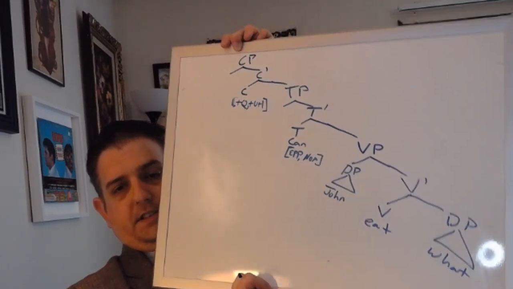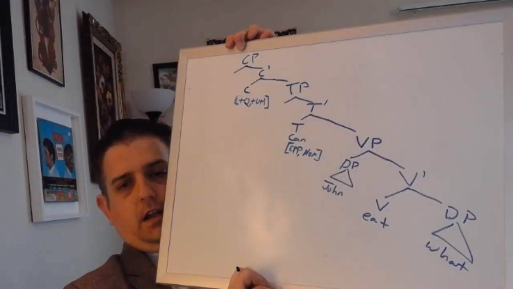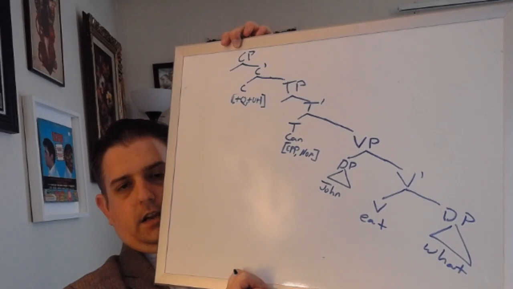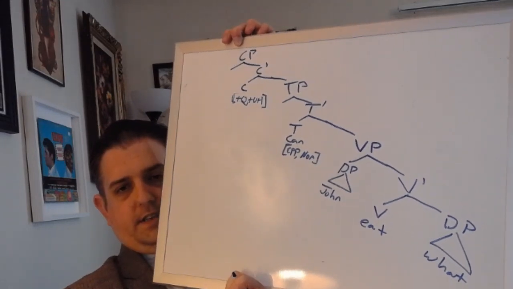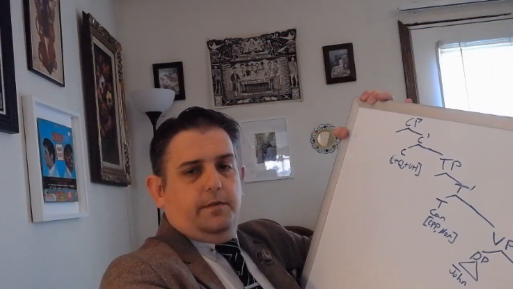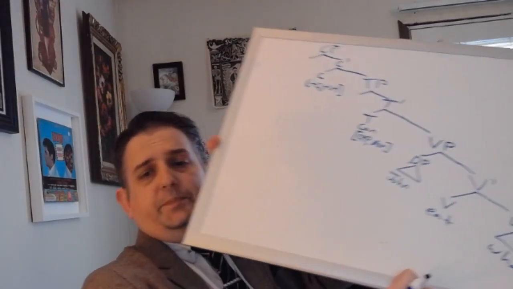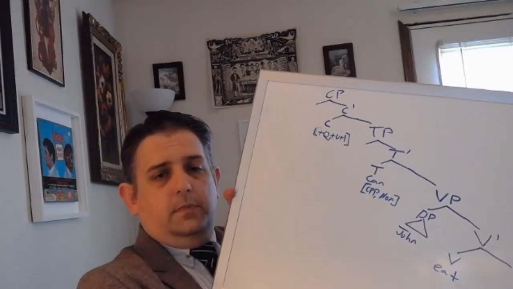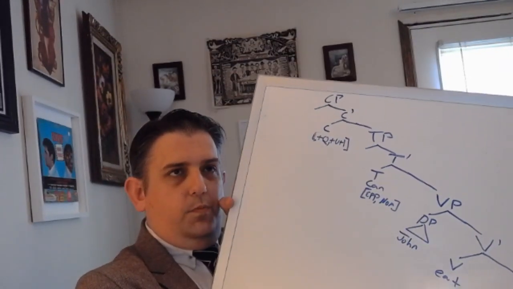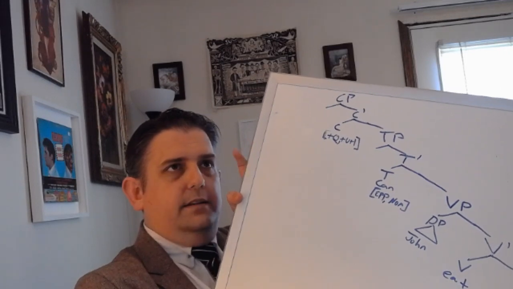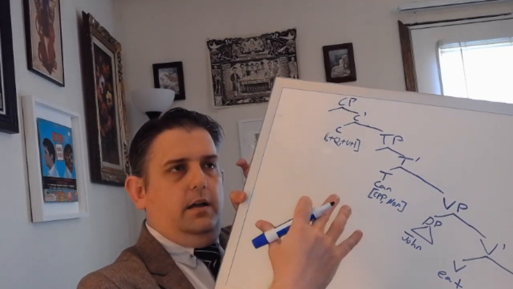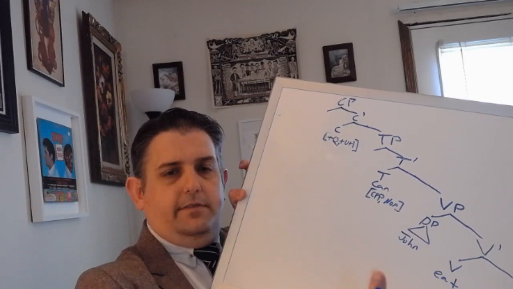And we can look at various types of evidence that this is a DP. We can see in a lot of different ways that this is a DP. One of the ways is replacement, so it's showing up in the same types of distributional places that DPs show up. The other way that we know it's a DP is that we can have what be kind of used with nouns there.